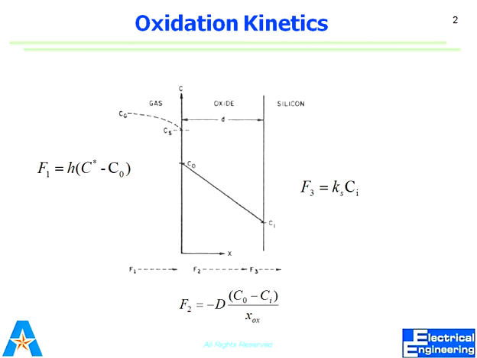Oh, Ks, that's why these are constants, reaction rate constants. For every reaction, the rate constant is fixed. So the greater the reaction rate constant, the faster the reaction. So in the third step, the oxidation rate depends upon how fast the reaction carries on. In the second flux, the reaction rate depends upon how fast it diffuses through.